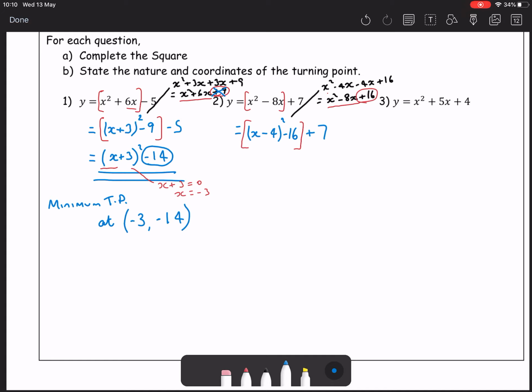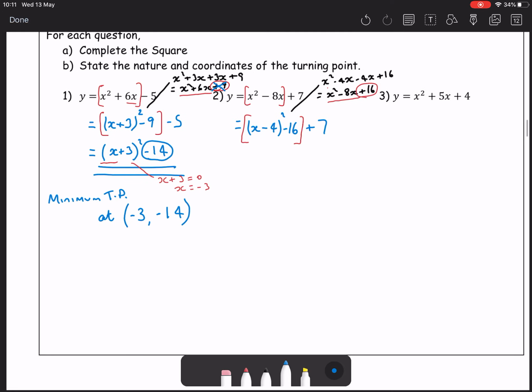So take away the square of the minus 4. That expression there, we have in our first line, the red brackets, my second line in the red brackets, both expressions inside are exactly the same. So x minus 4 squared minus 16 plus 7 gives me minus 9.